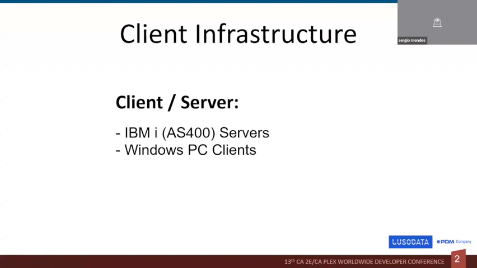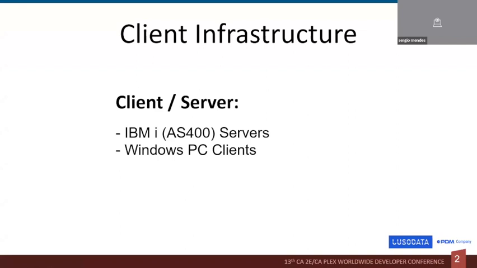We started working with this particular client, which had a client-server infrastructure based on IBM iSeries servers and Windows PC clients, and we were using the C++ generator at the time.